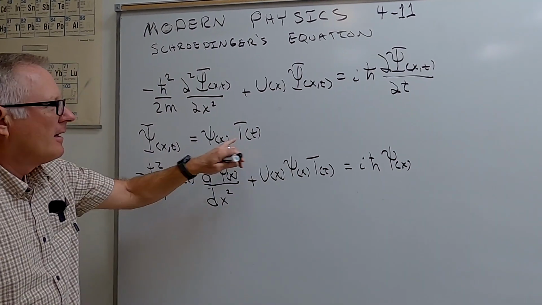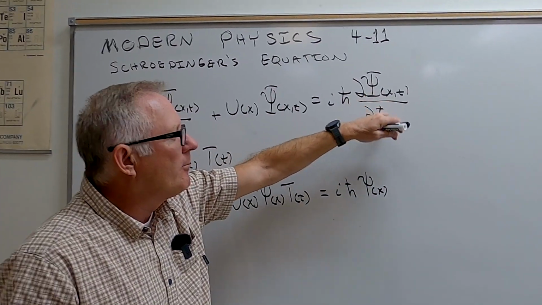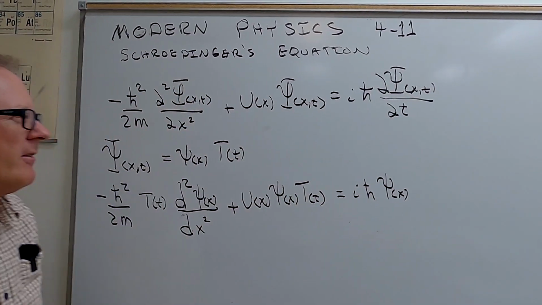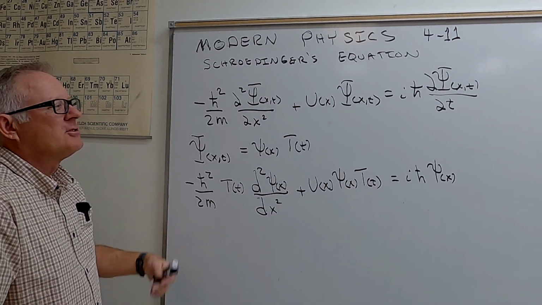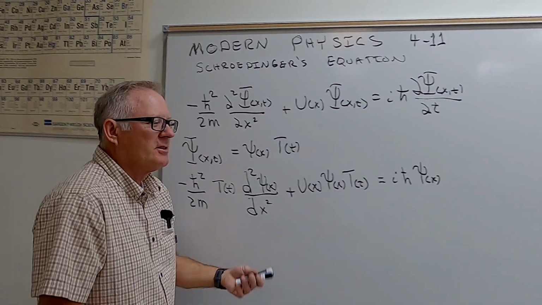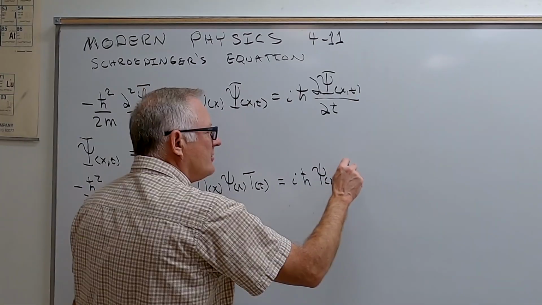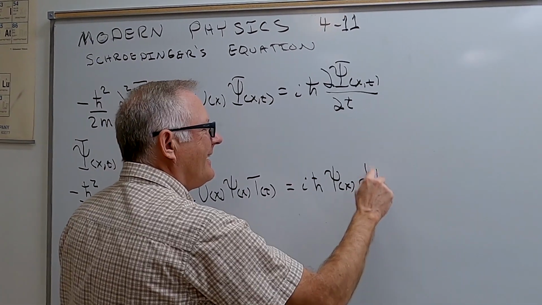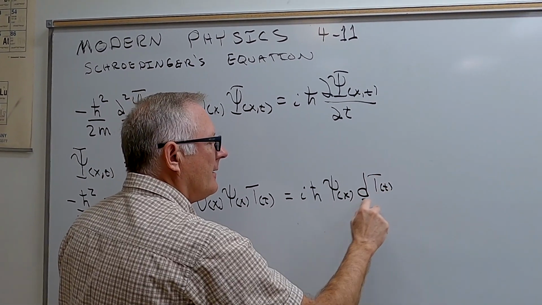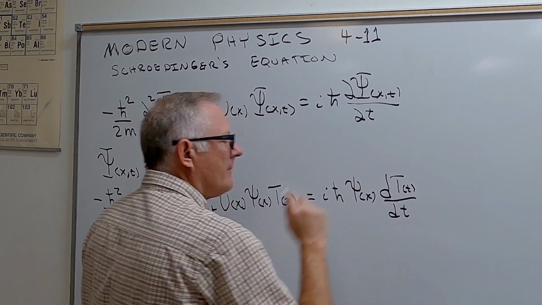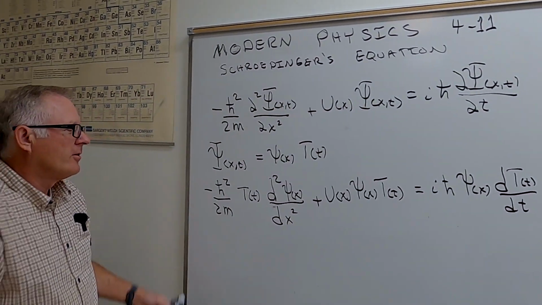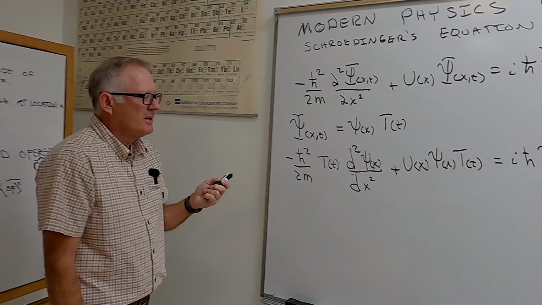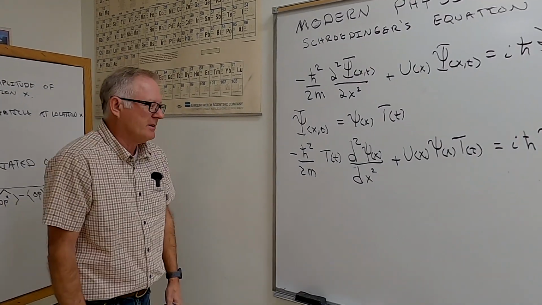Then you're only left with the t. It's only a function of t, so the partial and the total are exactly the same. So I can turn this into dT/dt. Now I've turned a partial differential equation into a total differential equation.